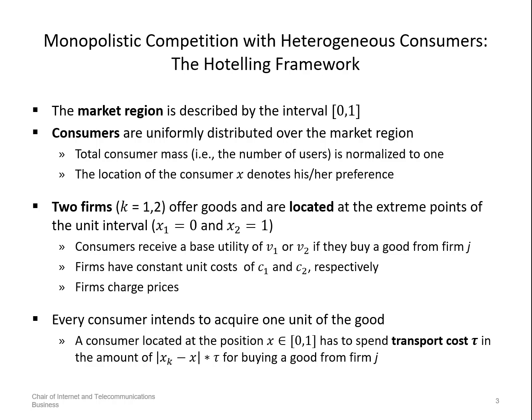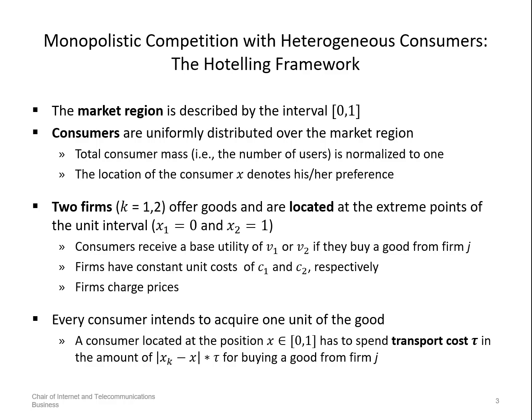Every consumer intends to acquire 1 unit of the good, so it is in a sense unit demand, and a consumer located at position x in [0, 1] has to spend a transport cost of tau times the distance between their location and the firm, for buying a good from firm k.